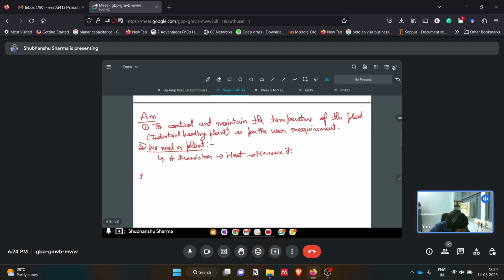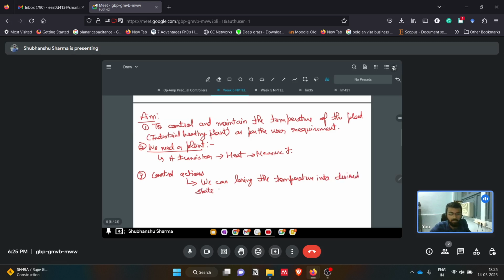Now, another thing in this will be we will have to control the actions also, based on the temperature. So we need control actions so that we can bring the temperature into the desired state.